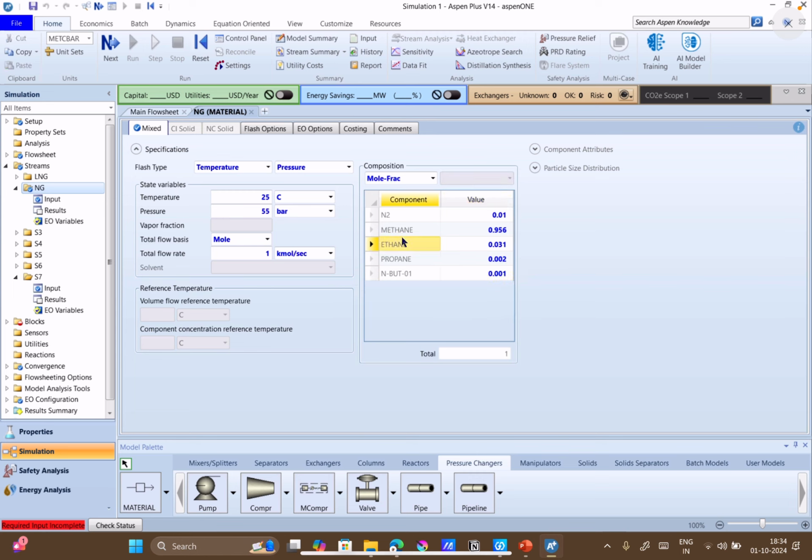Okay, so the total mole flow rate is 1 kilomole per second and the mole fractions have been provided. Go to next.